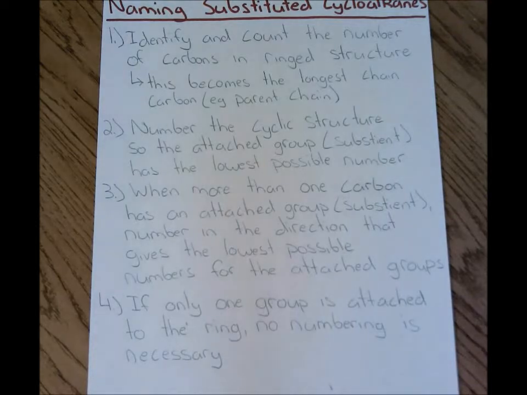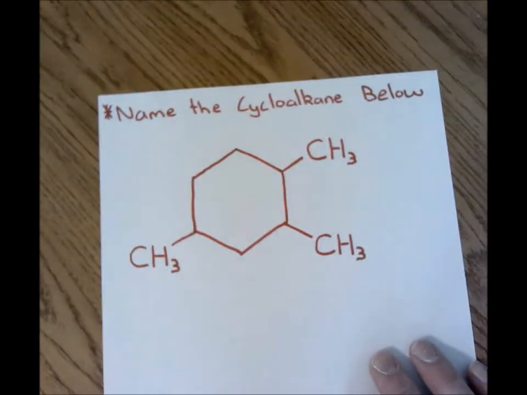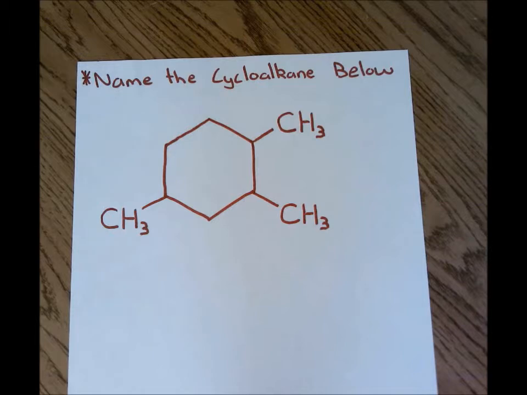So we start out here with a structure that is already drawn. The first thing that we do is count the number of carbons in our longest chain. For a cyclic structure, that's really convenient because the longest chain, no matter what, is going to be however many carbons are in this ring structure.